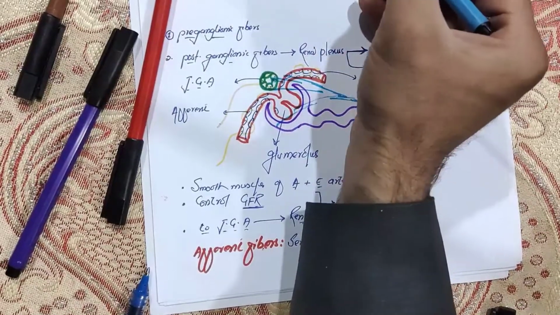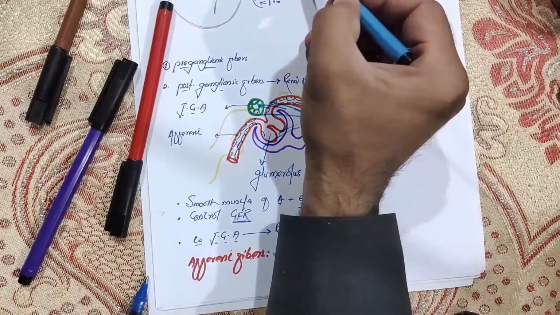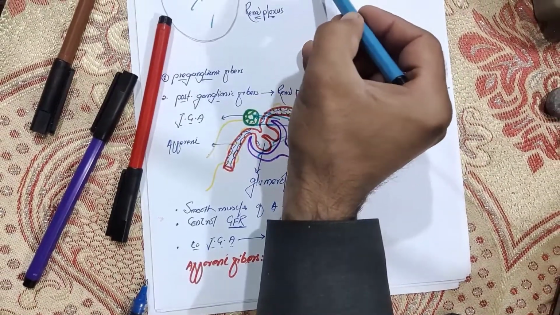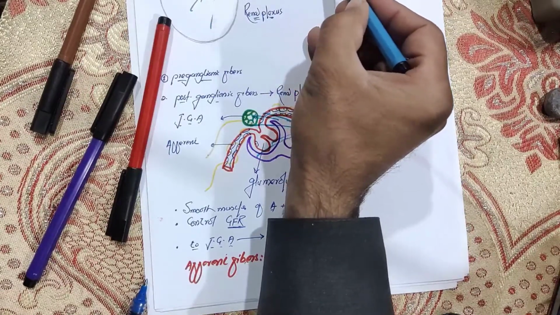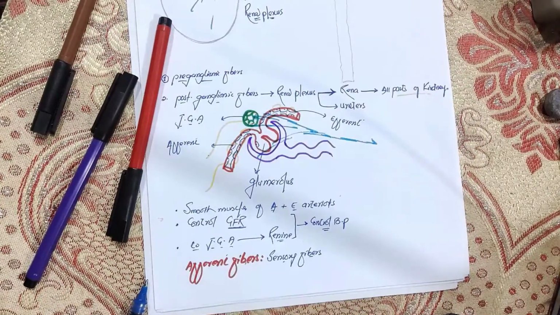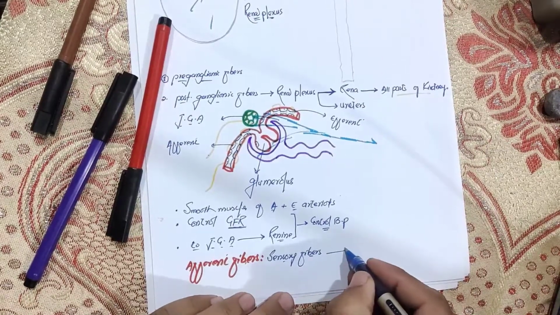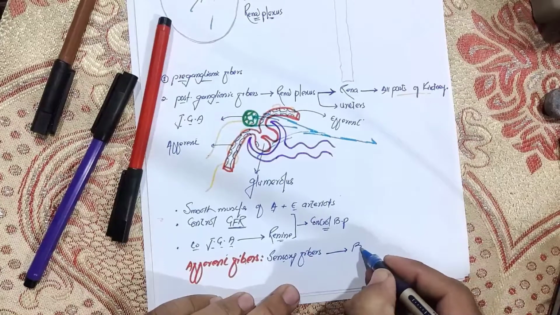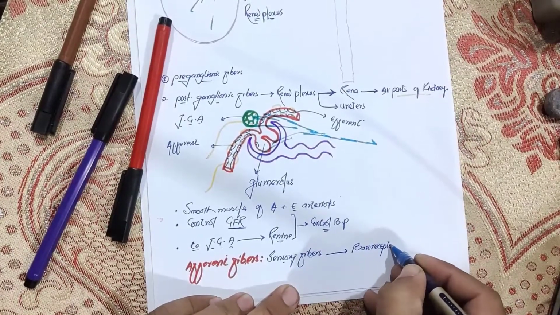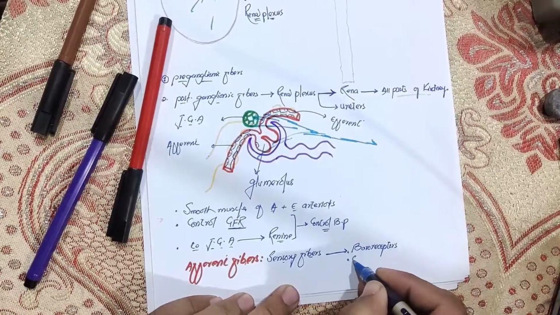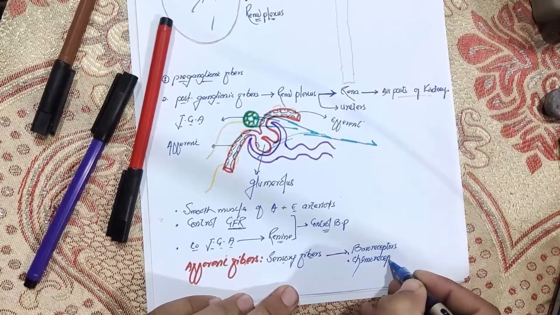Outside your kidney, these fibers will enter your spinal cord at different levels. For example, at the level of, let me write it here, these sensory fibers will bring sensory sensations from baroreceptors, right, pressure receptors, and chemoreceptors, right? So they will take sensory sensations from them, okay.